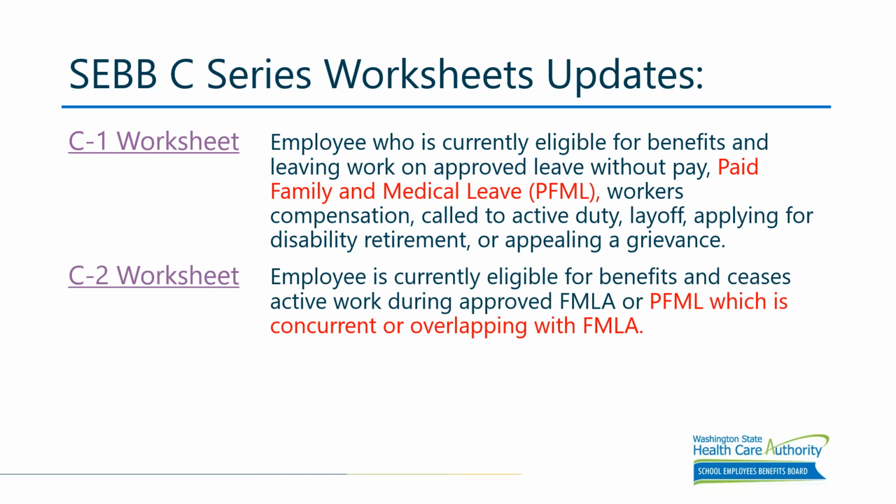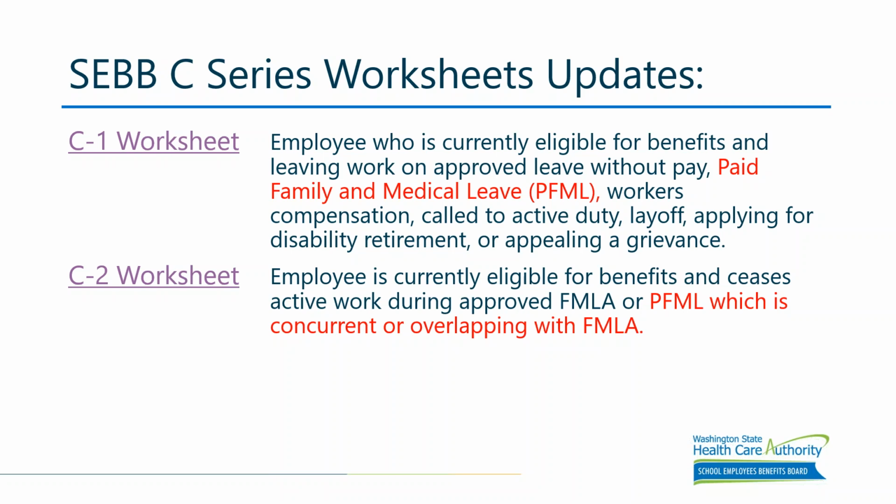On the other side of that coin, on the C2 worksheet, we are asking for this additional statement to be included. So employee is currently eligible for benefits and ceases active work during approved FMLA or PFML, which is concurrent or overlapping with FMLA. We've been talking to you about this in the last few webinars, explaining how if an employee is on approved FMLA, they're also approved for that paid family medical leave.